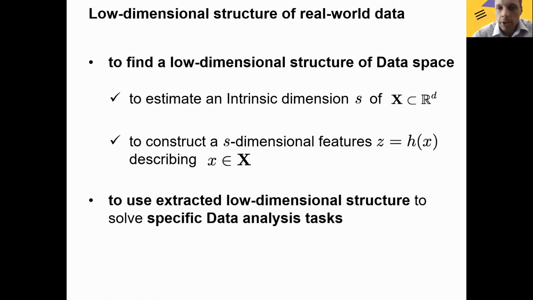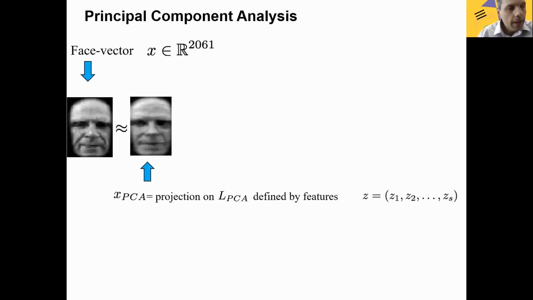But if you are able to reduce dimensionality and describe your data set with a small number of parameters, then of course you can use these parameters as input features to construct the regression function.